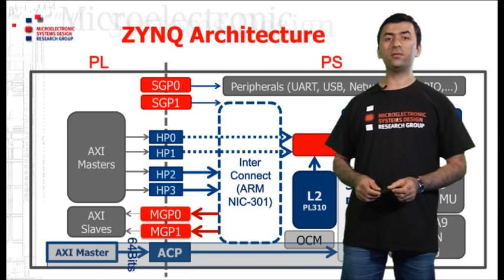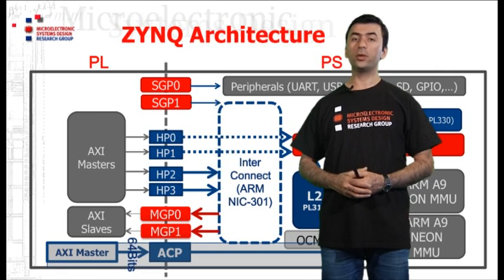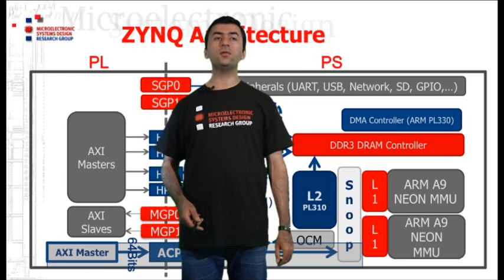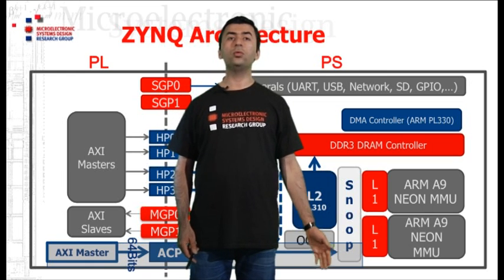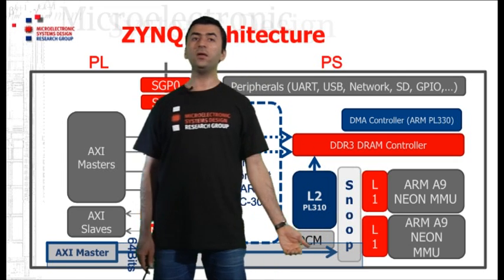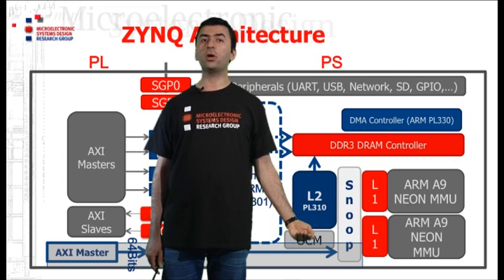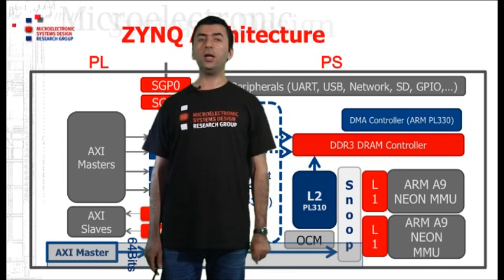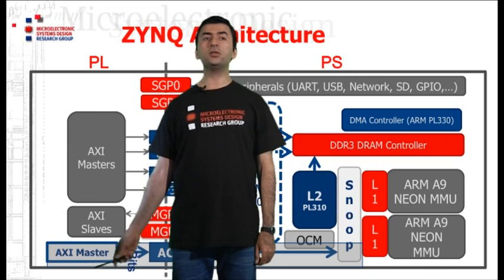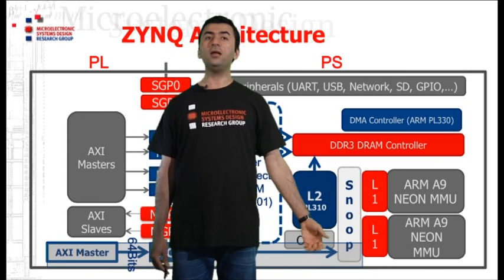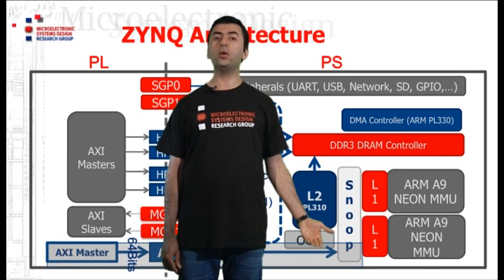The main difference of the ACP port compared to the HP port is that, as you can see, the ACP port gets directly connected to the ZYNQ control unit. And the ZYNQ control unit is connected to the caches of the CPU, the L1 cache and L2 cache. So whenever a transaction is initiated by the master that you have here, first the caches of the CPU will be checked for that data.